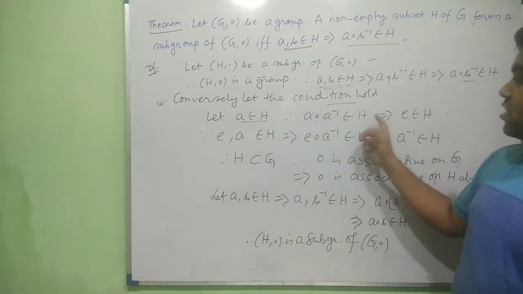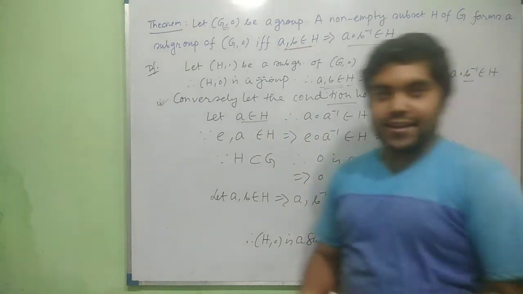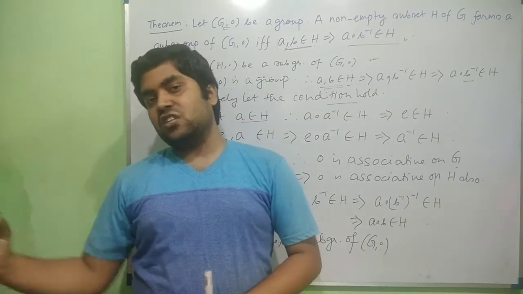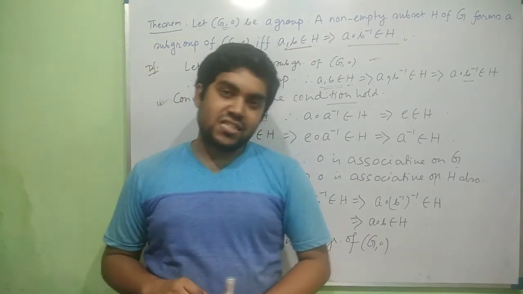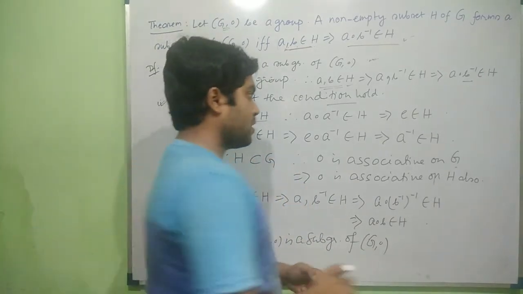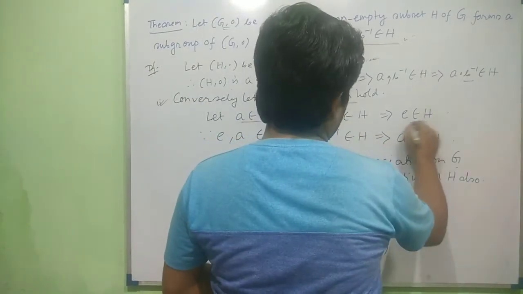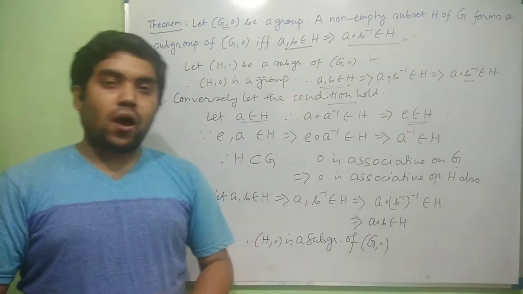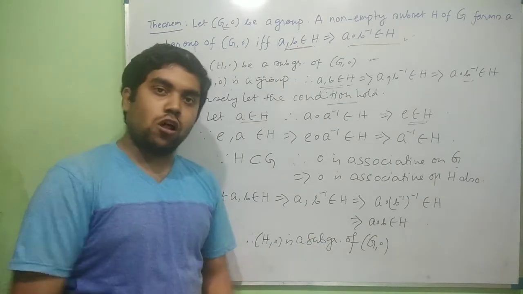Therefore A naught A inverse belongs to H, and we all know that the composition of an element and its inverse element gives the identity element. So A naught A inverse belongs to H implies E belongs to H, where E is the identity element. So the identity element property is solved.